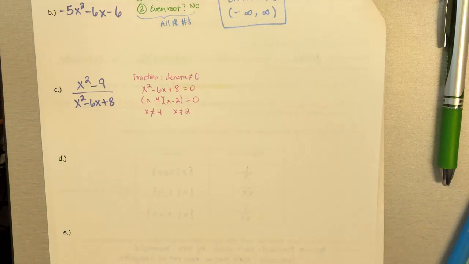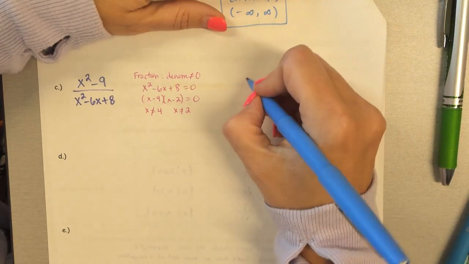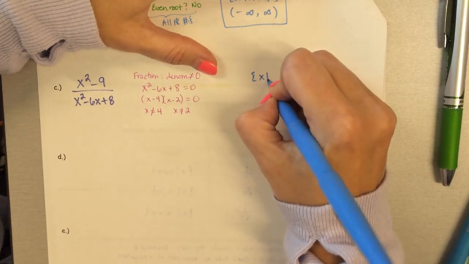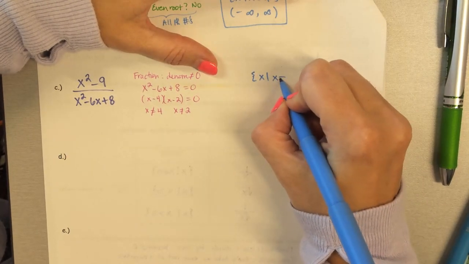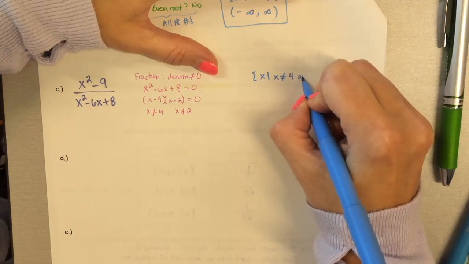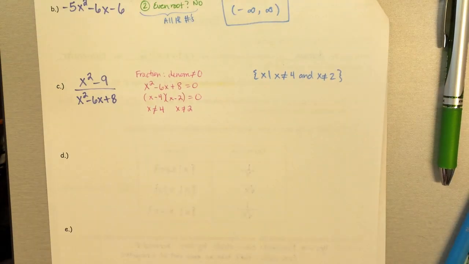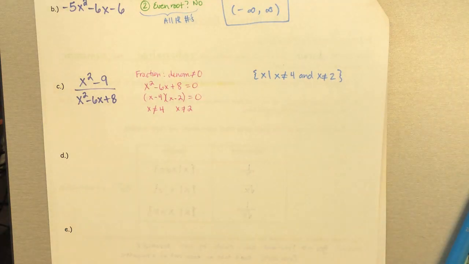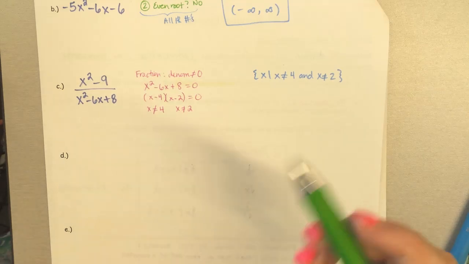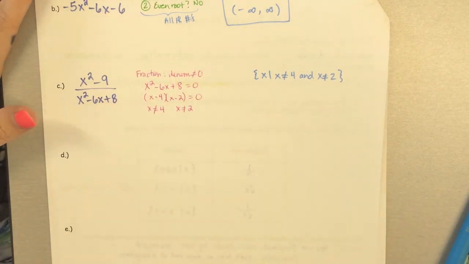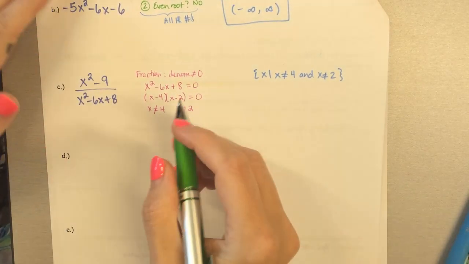When you are doing the set builder notation, you can just say x cannot be 4 and x cannot be 2. When you are doing the interval notation, again, you might find it handy to think of this on a number line.